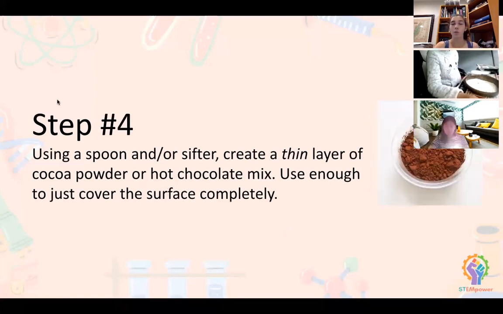Then we are going to use a spoon or a sifter if you have one, but you can definitely just use a spoon. Create a very thin layer of cocoa powder or hot chocolate mix, just enough to completely cover the surface of the pan.